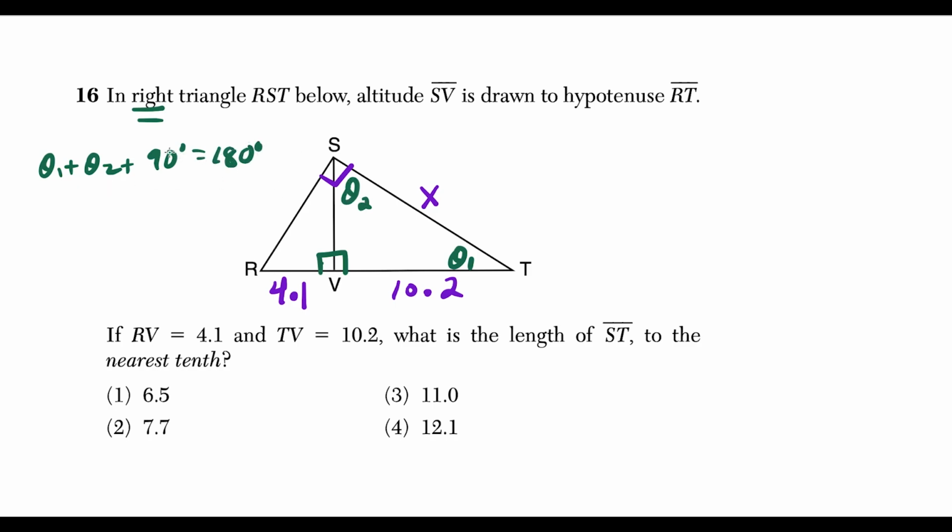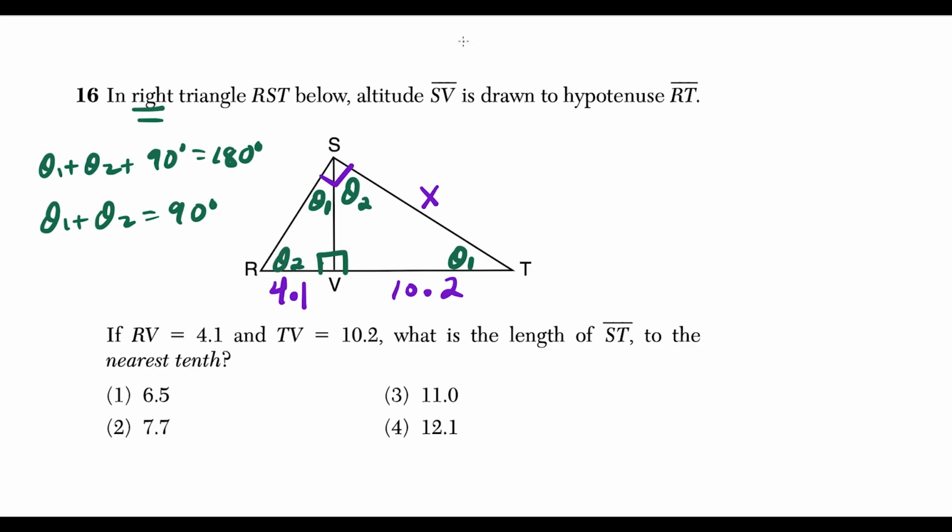And what that tells us is that if we subtract 90 on both sides, theta 1 plus theta 2 is equal to 90 degrees. So you see how angle RST is 90, and if this piece is theta 2, then this one would have to be theta 1, because theta 1 plus theta 2 is 90. And now look at this little triangle over here. We have theta 1, 90. The missing angle has to be theta 2.